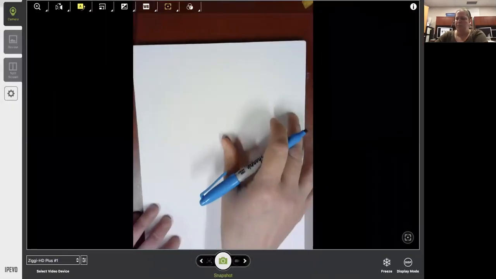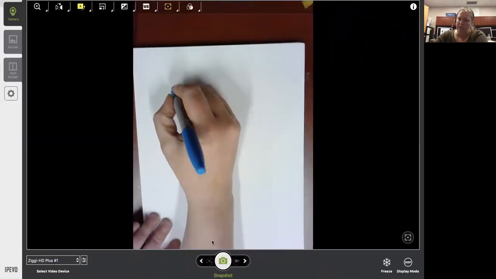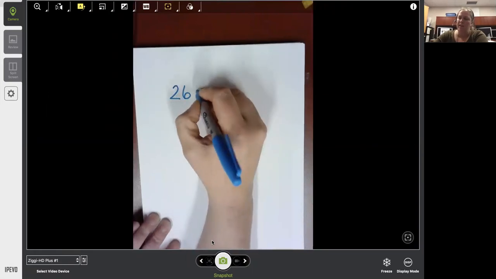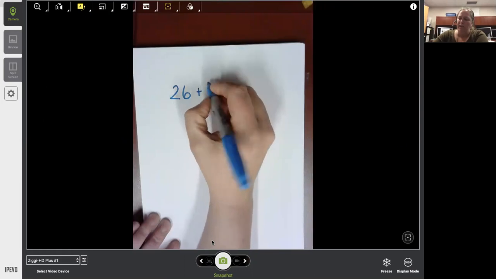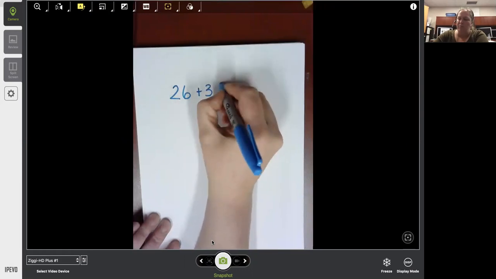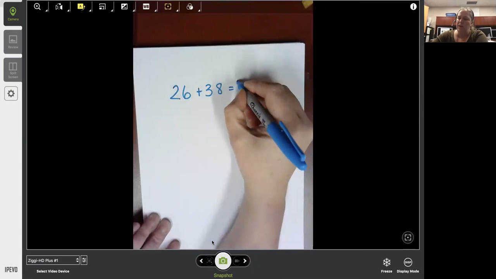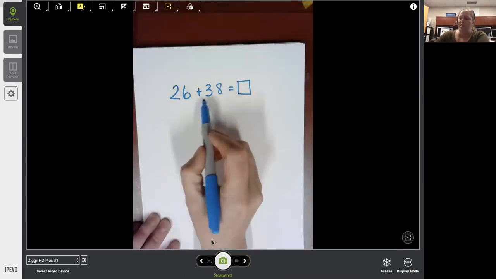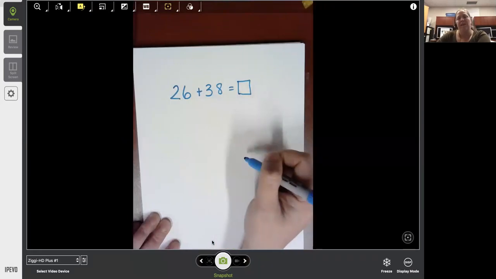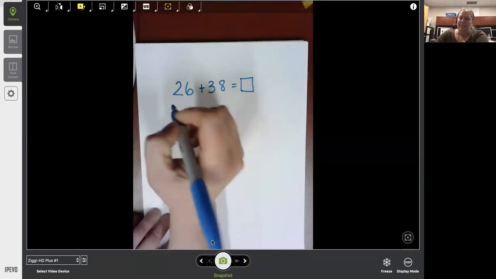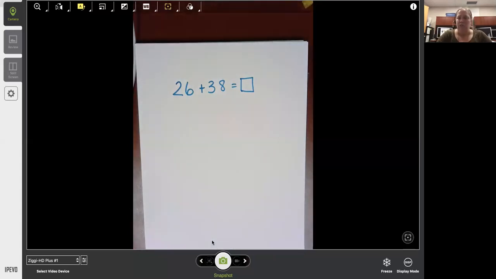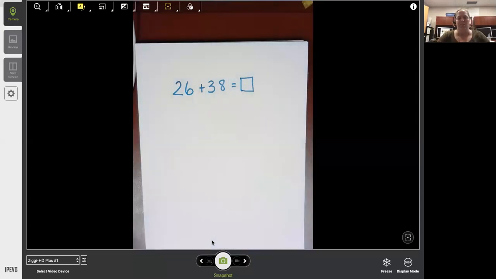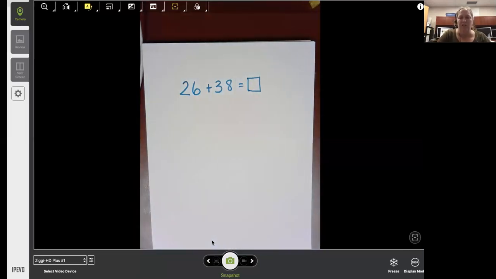If I was going to write that problem mathematically, following the action in the problem, I would probably write something like that, or maybe I'd put a question mark. So 26 plus 38 equals something, and I have to figure that out. The location of the unknown is in this position, and the researchers who categorized it called that the result position.